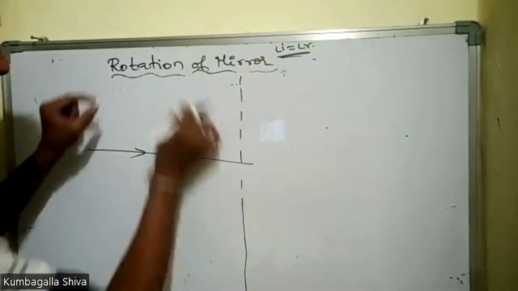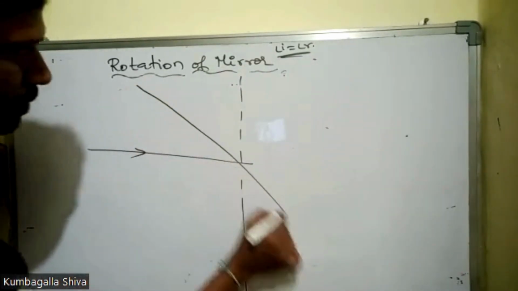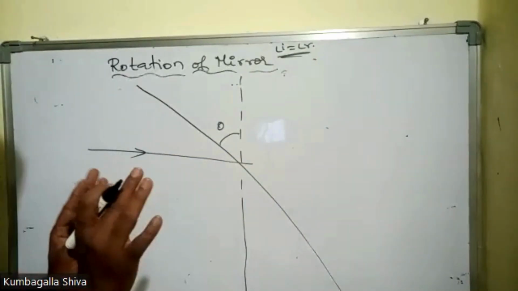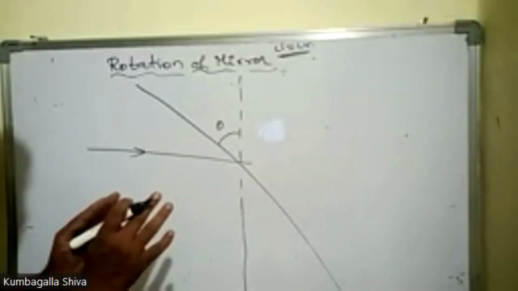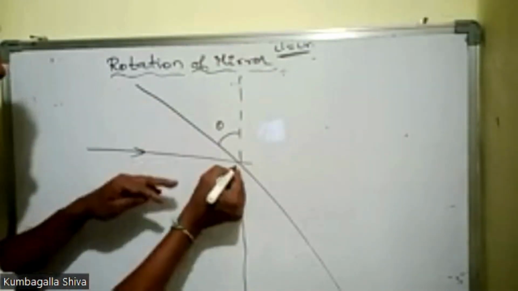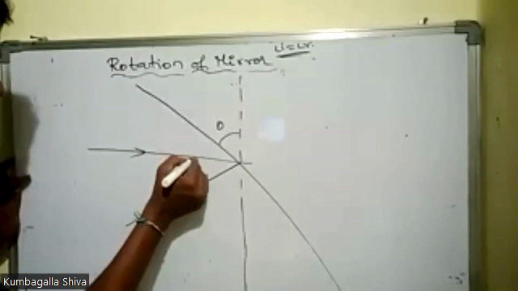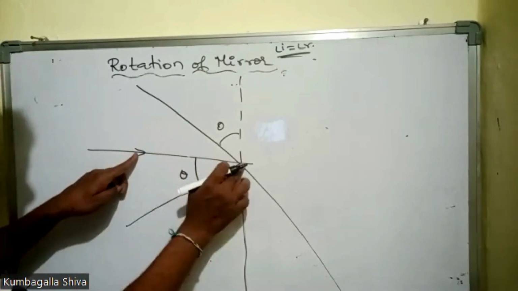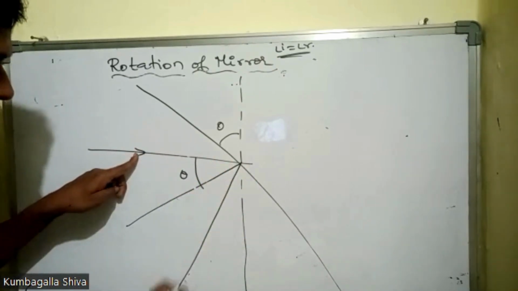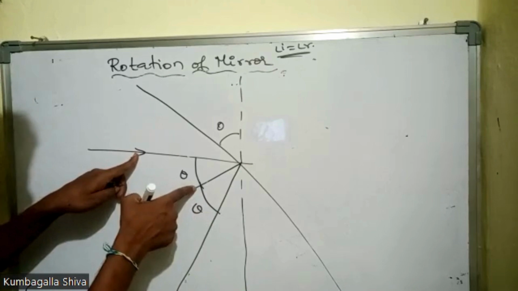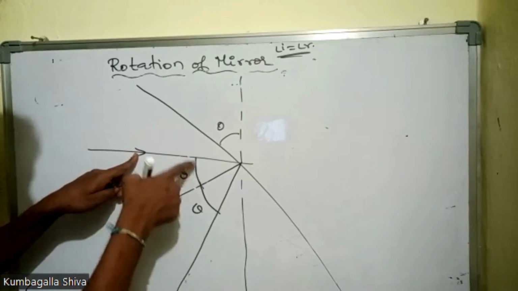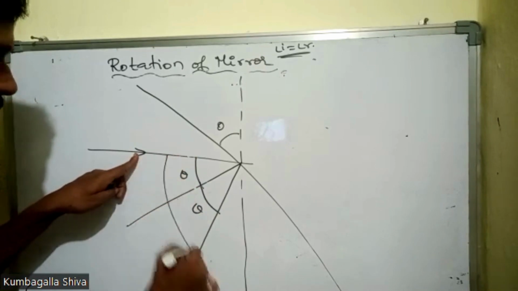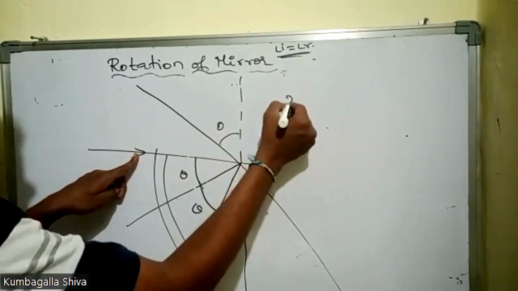Let us say this is the mirror, I'm making an angle theta. This is the incident ray here. Incident ray is fixed. So for this mirror, you will have a normal which is making an angle theta with the incident ray. Definitely for this incident ray, there will be a reflection of theta. If this is the angle of incidence theta, the angle of reflection also will be theta. So you can see the total deviation of the reflected ray here is 2 theta.